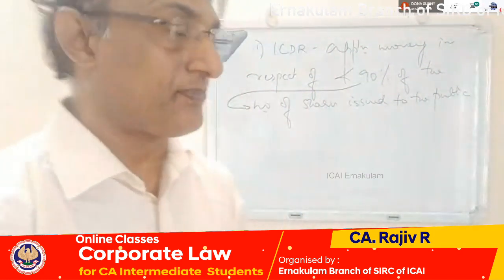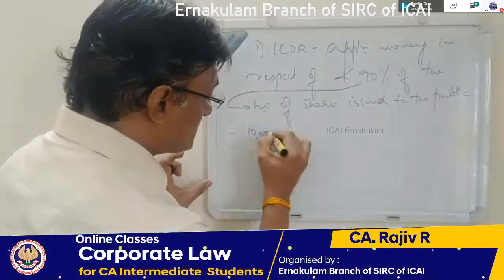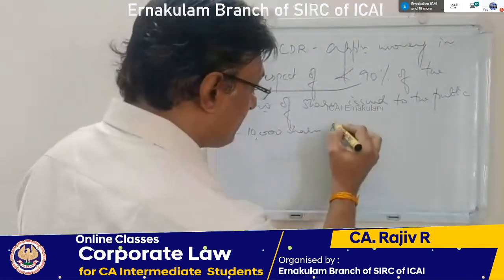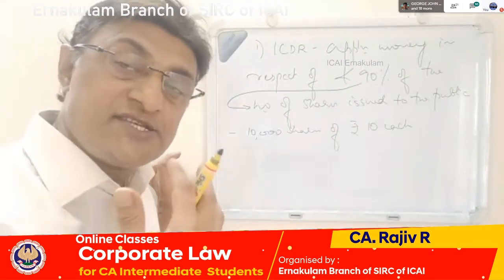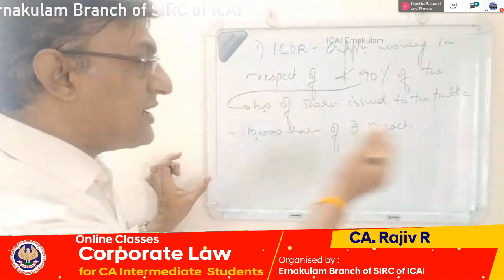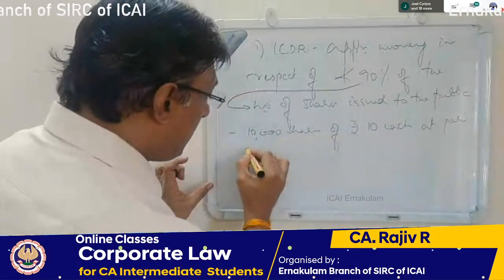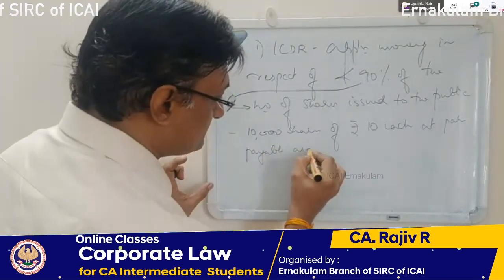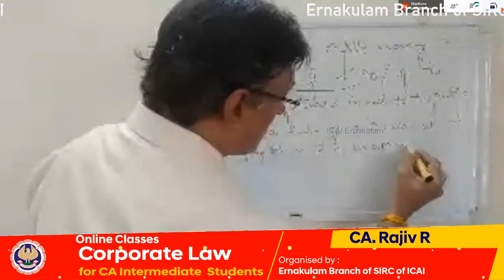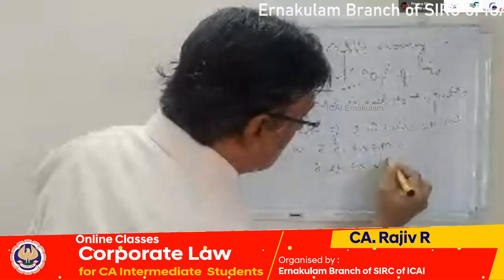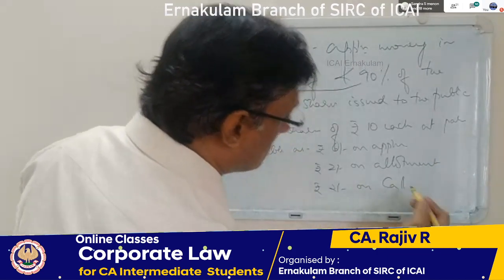Let's take a very simple example. A company is making an issue through a prospectus of 10,000 shares of rupees 10 each. I'm keeping it exaggeratedly simple. 10,000 shares of rupees 10 each at par, which is payable as rupees 6 on application, rupees 2 on allotment, and rupees 2 on call.